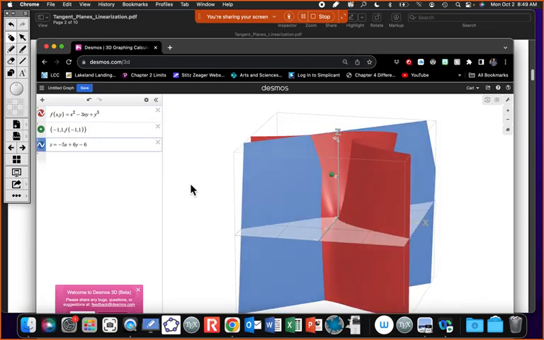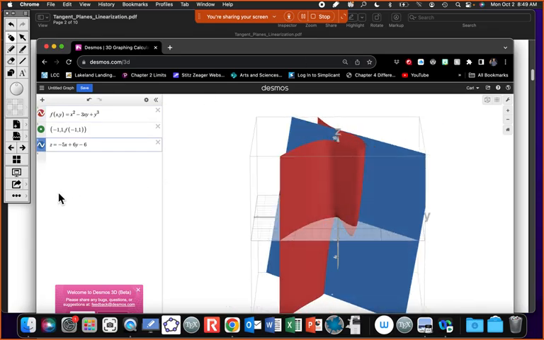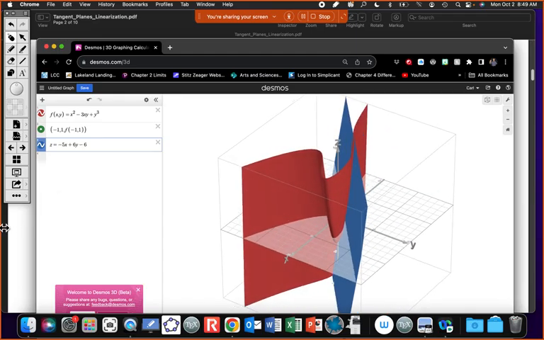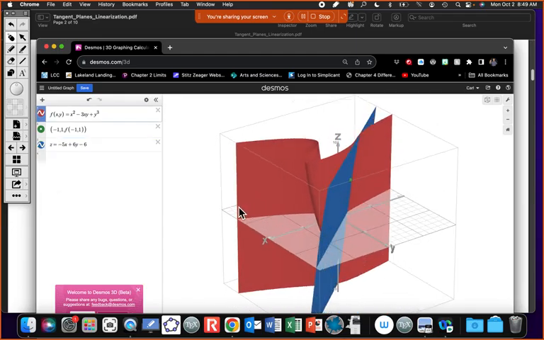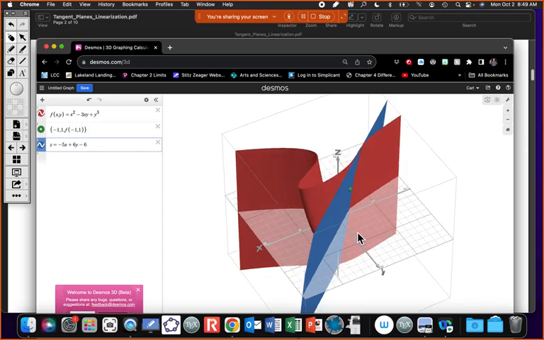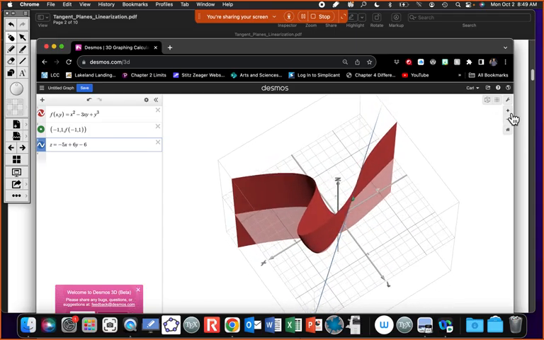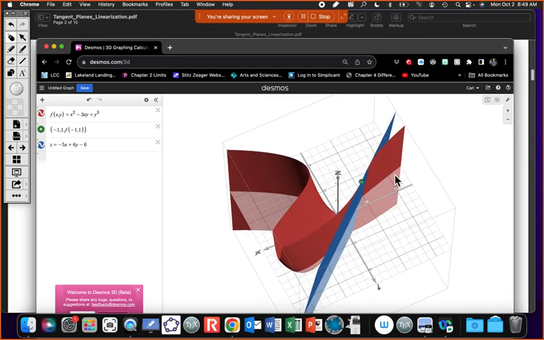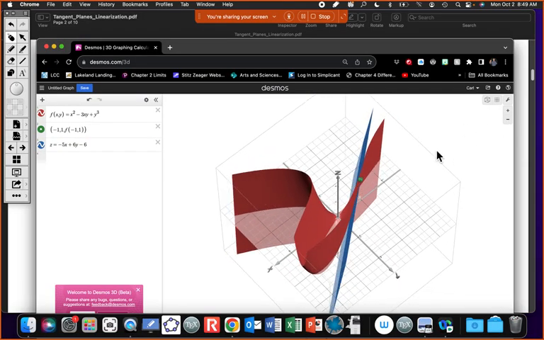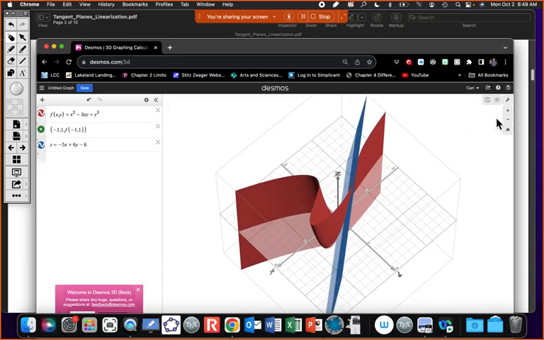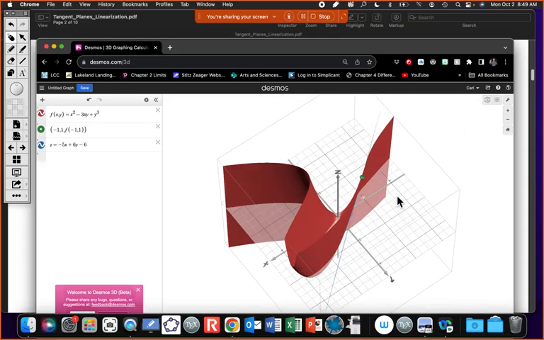Should look like the surface near the point. So if I zoom in near the point, oh, not too far. There we go.